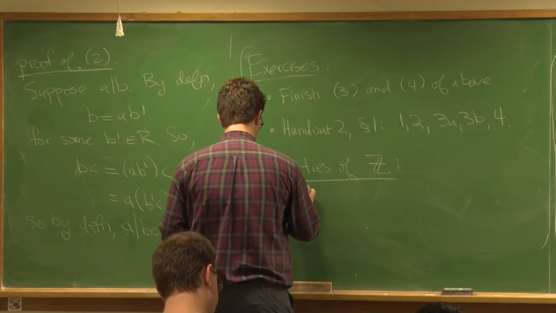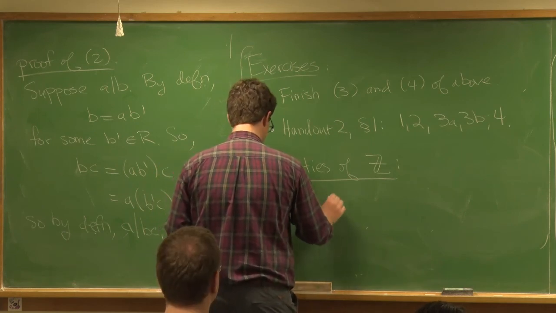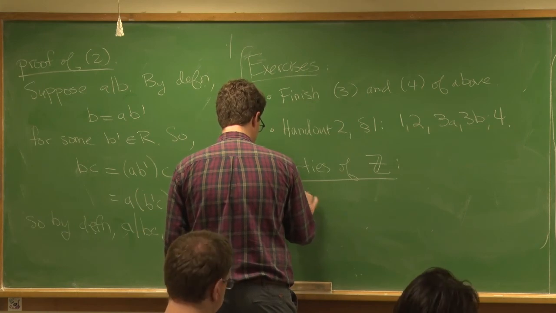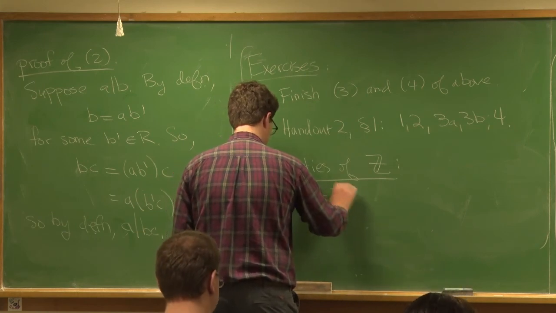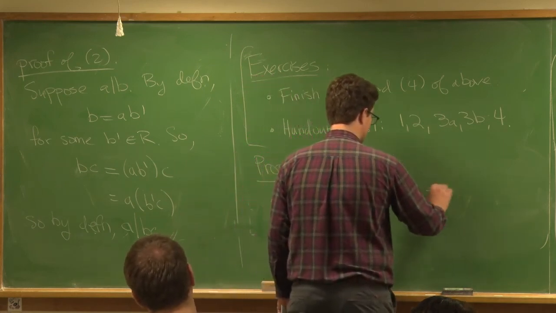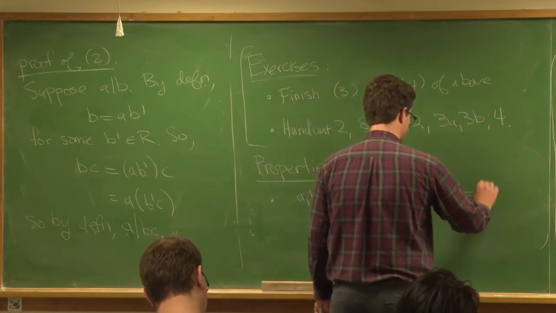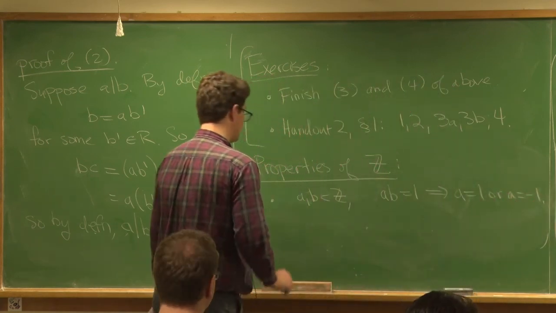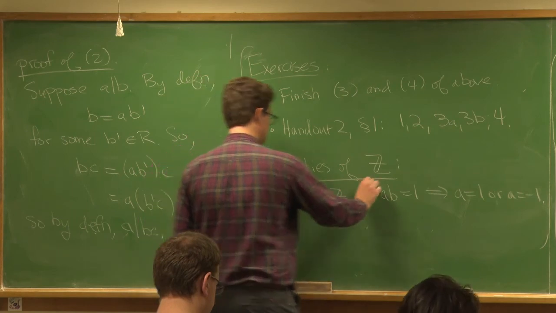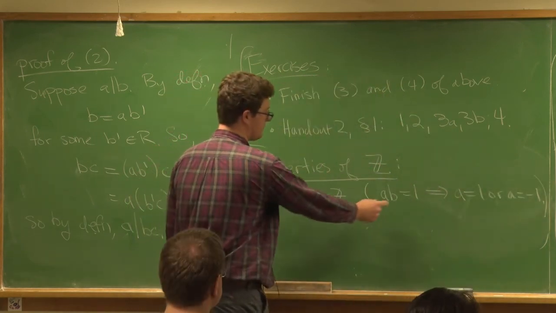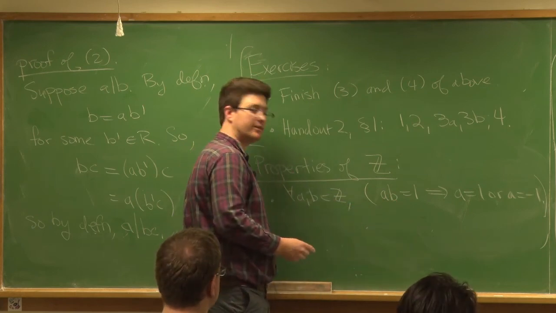So the only units, let me put it this way: if a times b is equal to 1, this implies a is equal to 1 or a is equal to minus 1. So the only things that have multiplicative inverses are 1 and minus 1.